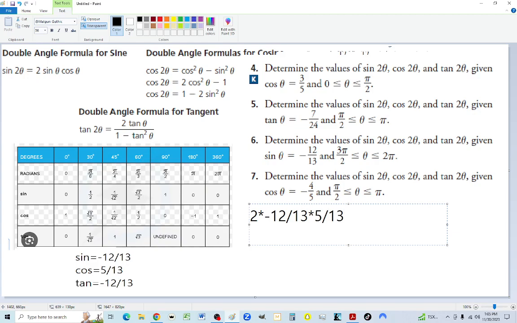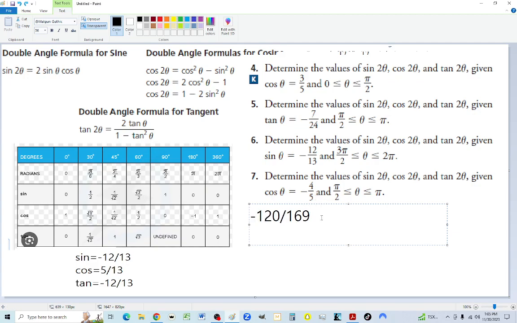So we're talking about minus 60 over 169. Is it 2 times that now? Yeah, it's 2 times that, so it's minus 120 over 169. And I don't know if that's divisible. No, it's not. So just ignore that.